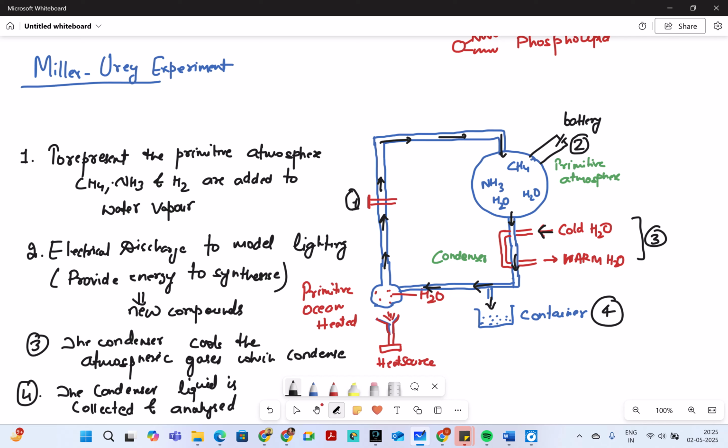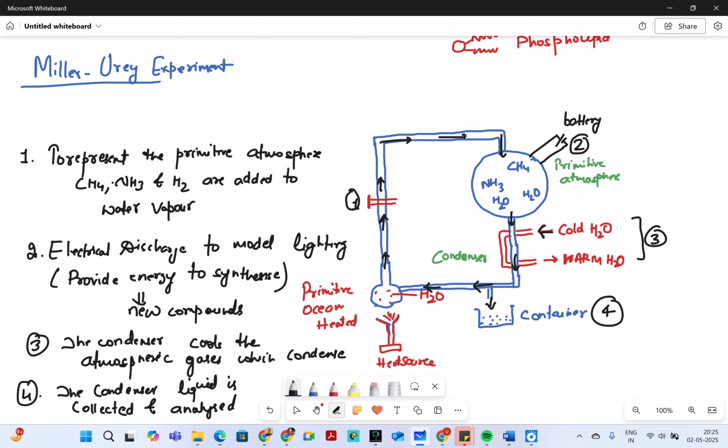So both scientists, Miller and Urey, did this experiment to realistically try to understand how these biological molecules are produced. Let's discuss the setup once again. Miller and Urey recreated the conditions, as you can see in the diagram, that existed on earth prior to life.